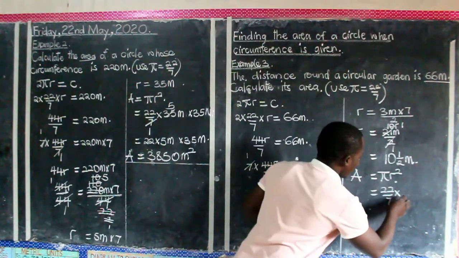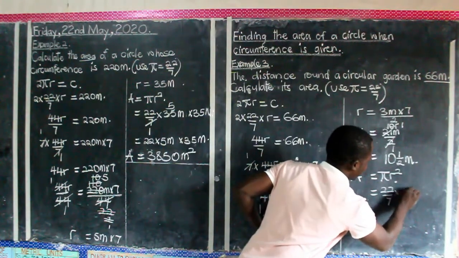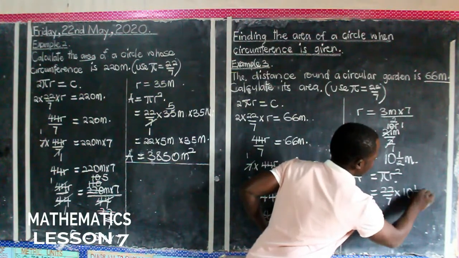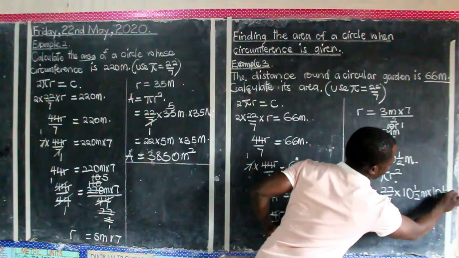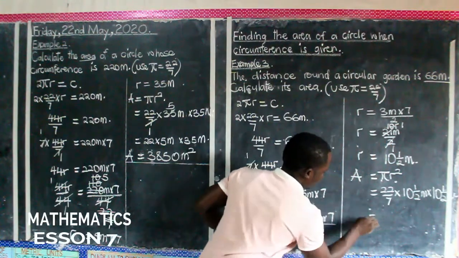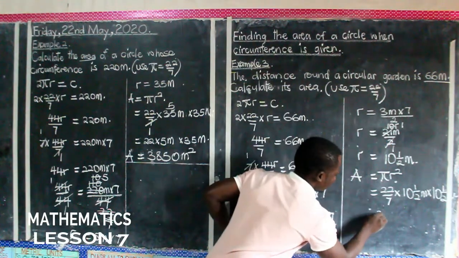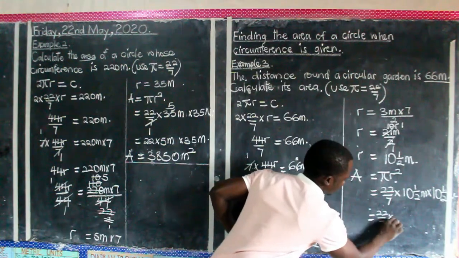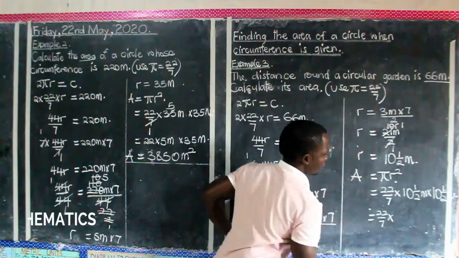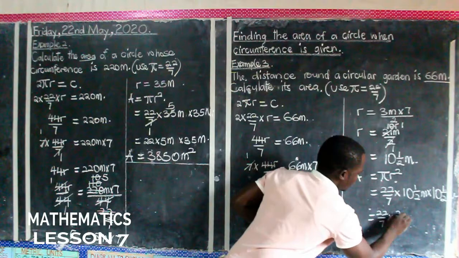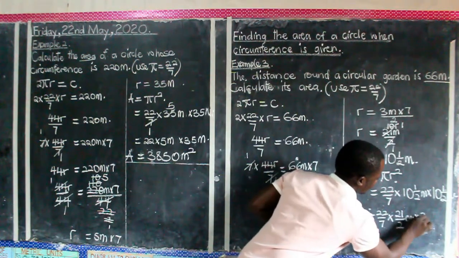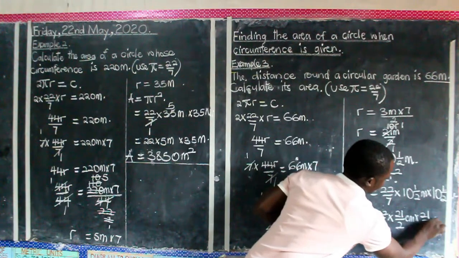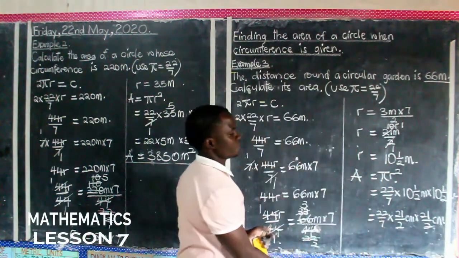So we shall have the radius of 10 whole number 1 out of 2 meters times 10 whole number 1 out of 2 meters. If you go on, we shall have 22 out of 7 times 2 times 10 is 20 plus 1, 21 out of 2 meters times 21 out of 2 meters.